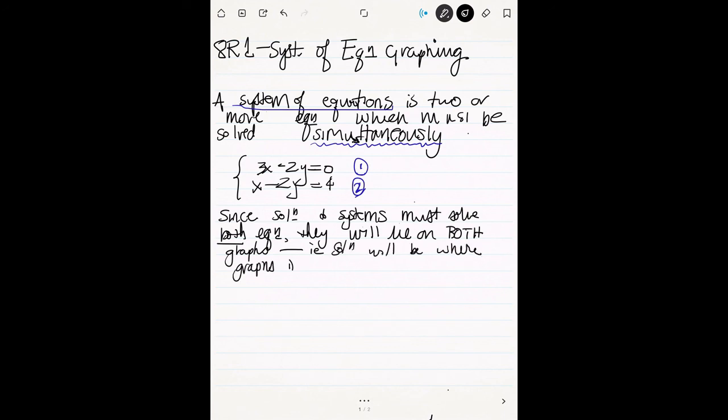Since solutions to systems must solve both equations, they will lie on both graphs, i.e., solutions will be where graphs intersect.